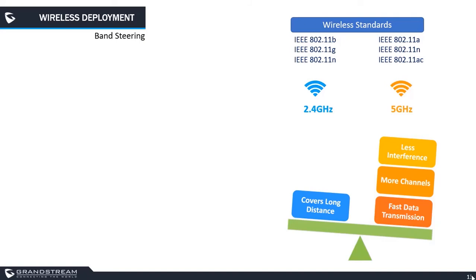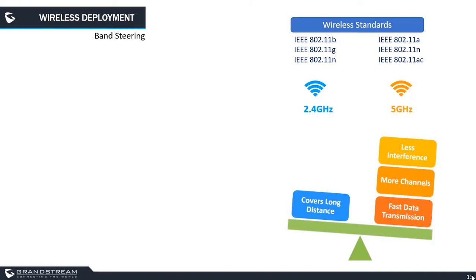It's very rare these days to find any device that only supports that standard. But in case you have devices using it, you still need to go to the access point and enable this standard so that devices supporting only that standard can still connect using the GWN access points.